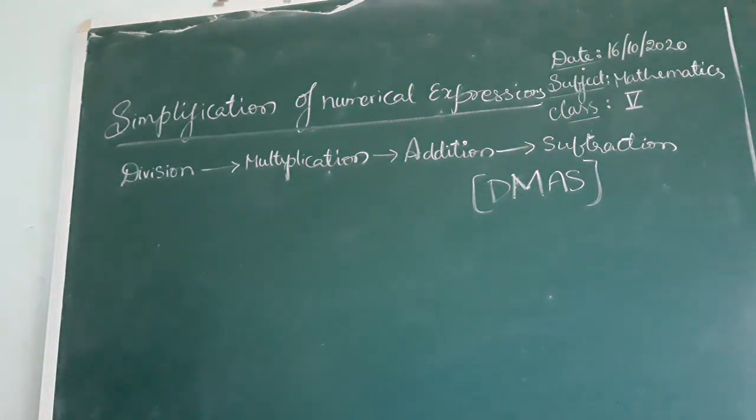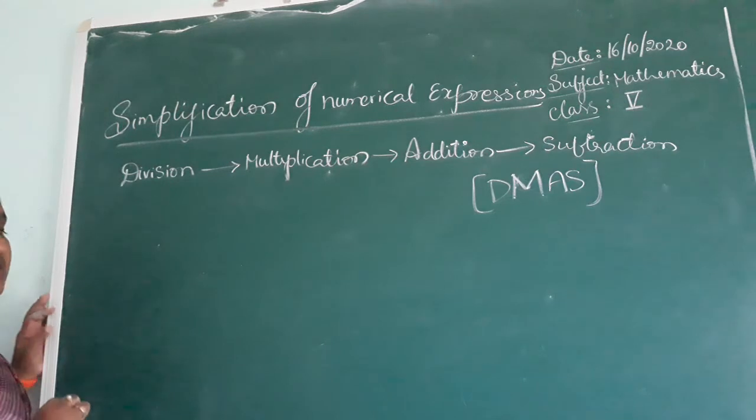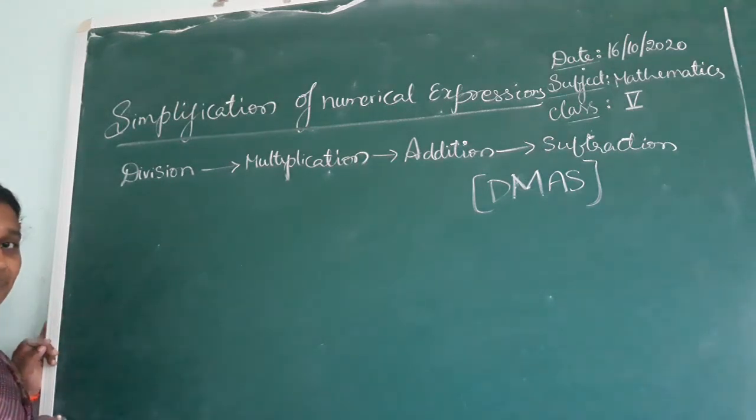When brackets are given in the problem, we simplify the terms inside the bracket first. If the sum is given inside the bracket, we have to simplify the brackets first. What brackets are there in our sums?